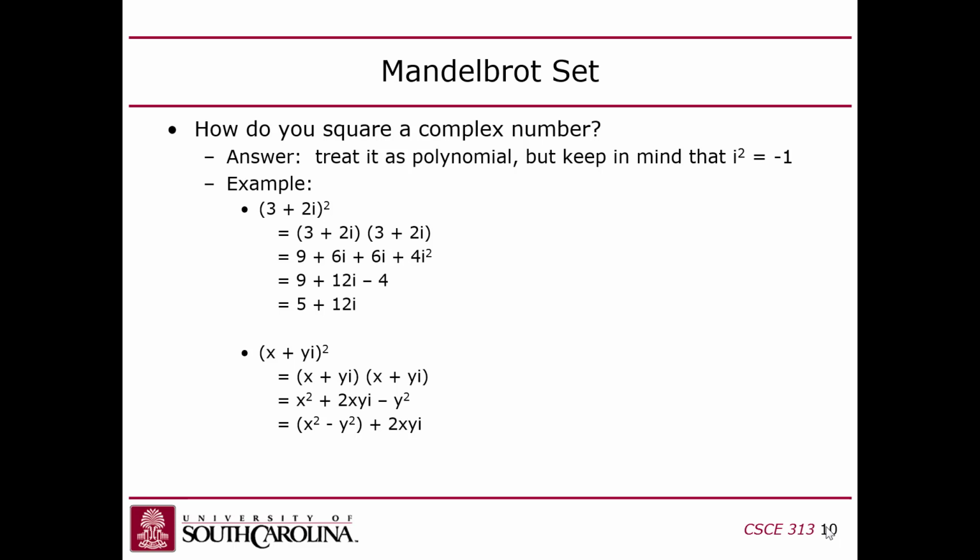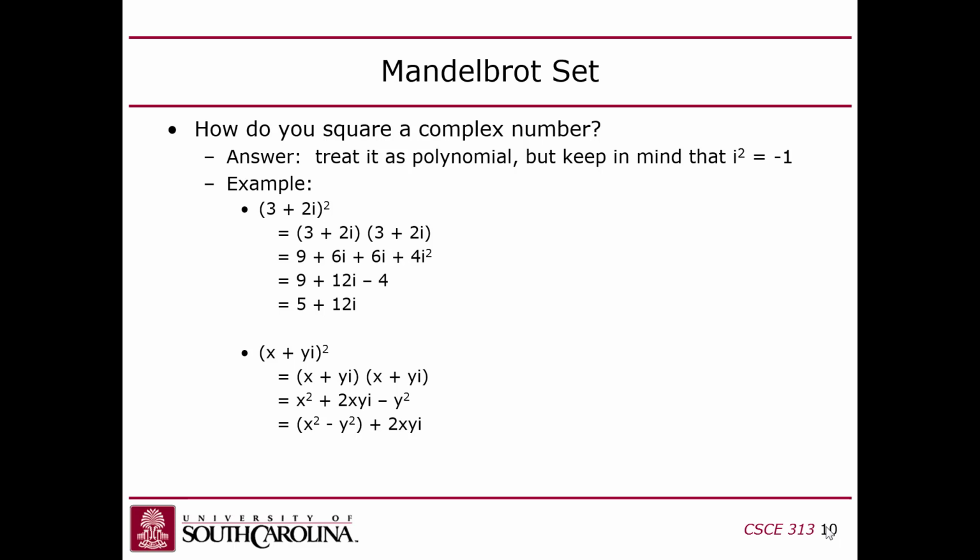So in general, if I call the real part x and the imaginary part y, and I'm doing that because I want to be able to plot this on an xy plane, right? So if x is my real component and y is my imaginary component, then if I have (x + yi) squared, that is going to be x squared minus y squared plus 2xy times i, right?